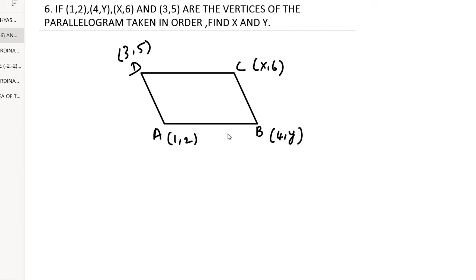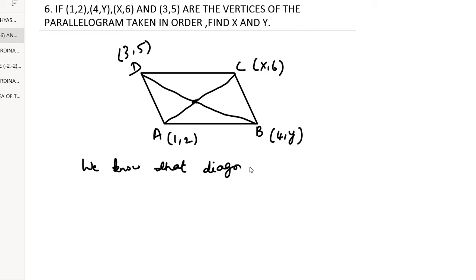We know that the diagonals of a parallelogram bisect each other.